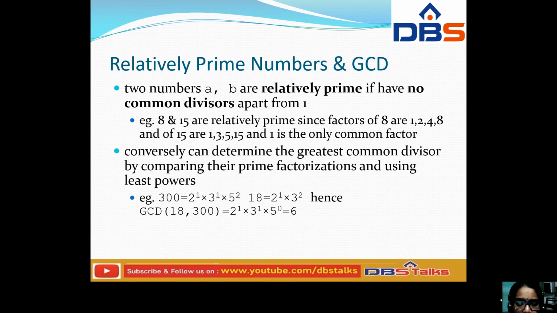From this, conversely, we can easily determine the greatest common divisor by comparing the prime factorizations using the least powers.